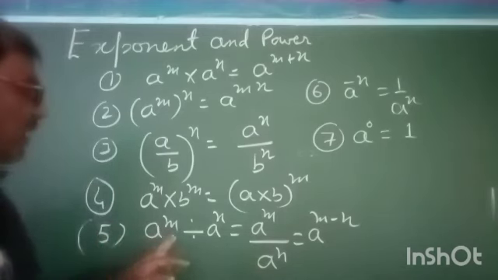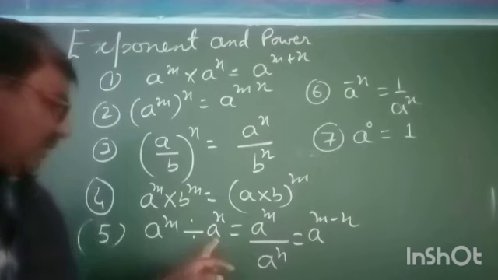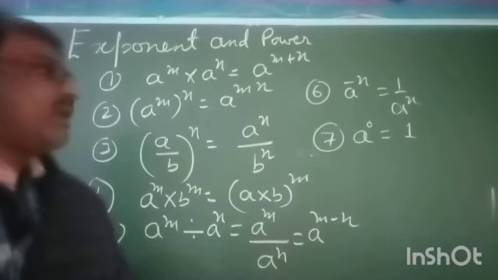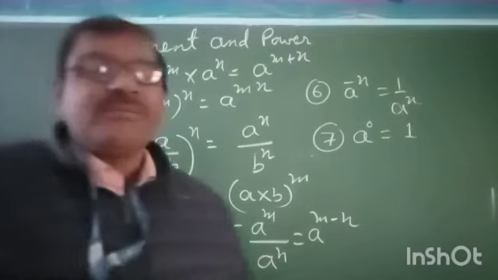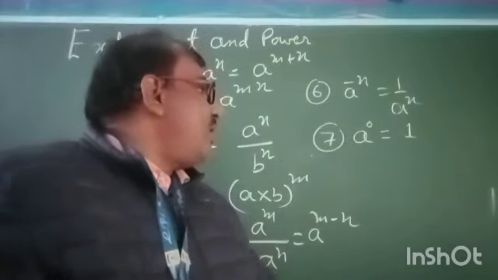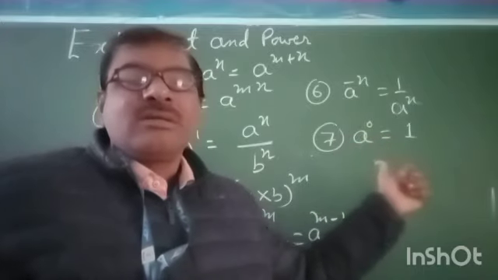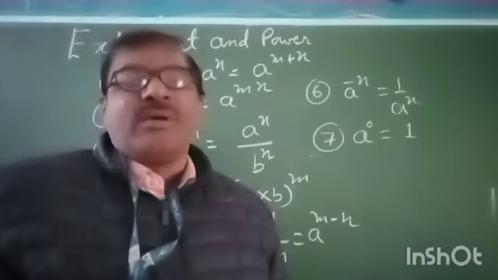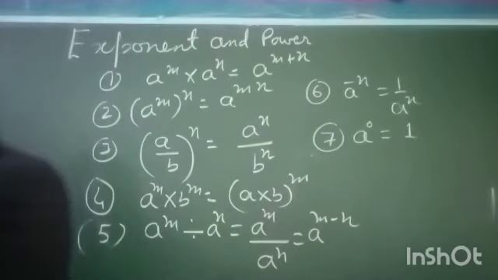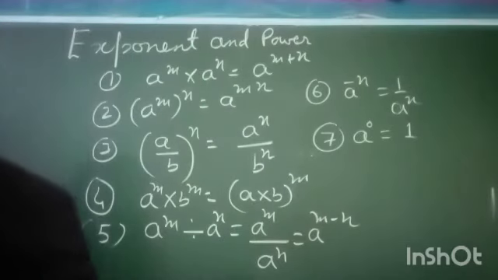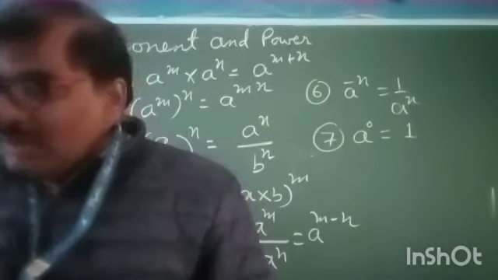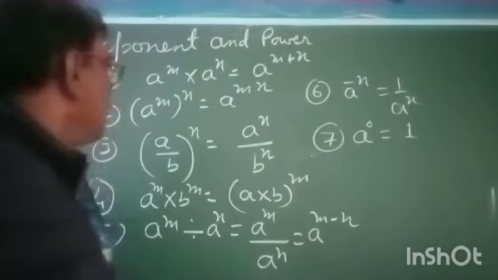Next is a to the power m divided by a to the power n equals a to the power m upon a to the power n equals a to the power m minus n. Now here a to the power minus n equals 1 upon a to the power n, and the seventh is a to the power 0 equals 1. Now, dear student, today I will solve some questions based on these laws of exponent.